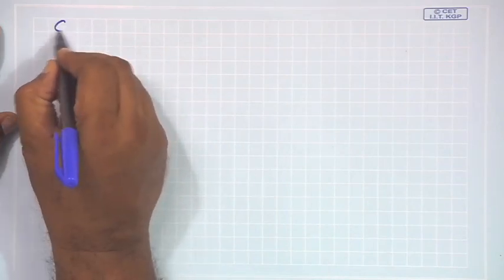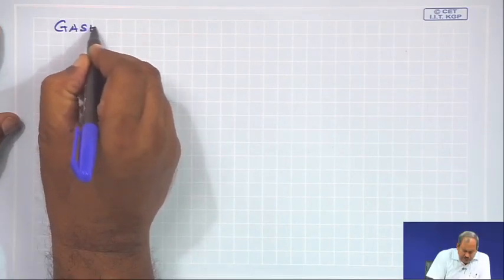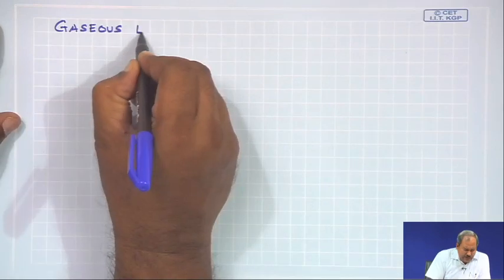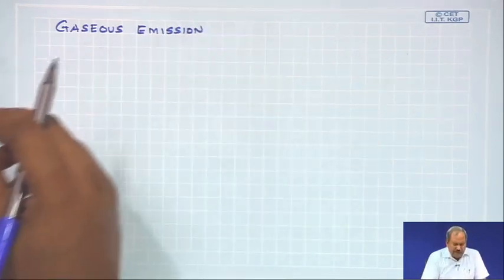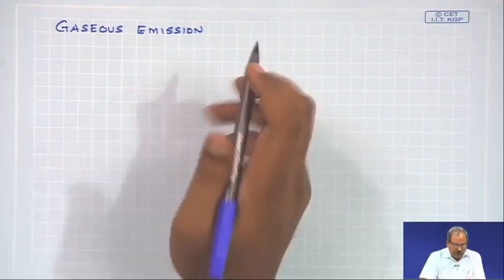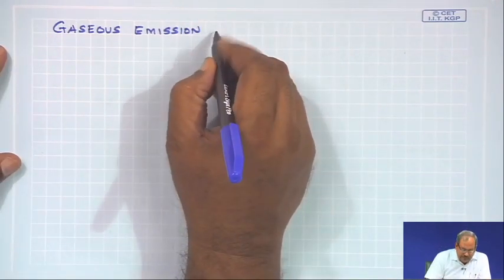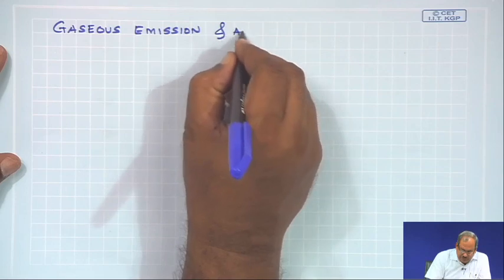So, how do I express the emissive power of a participating medium which is a gas or a vapor? Our next analysis starts with gaseous emission, and you understand that in many cases a hot gas is going to emit radiation which is substantial. Gaseous emission and absorption.